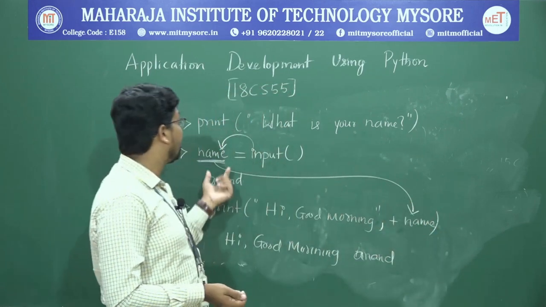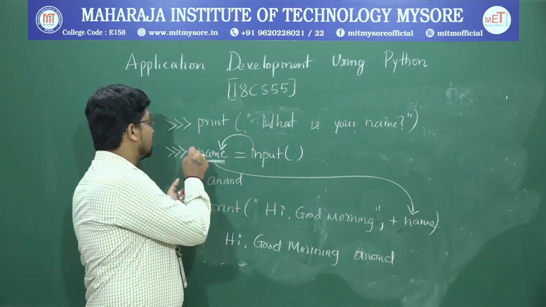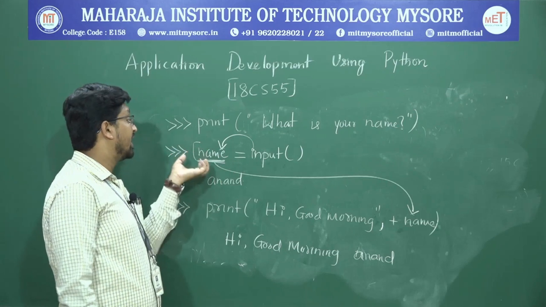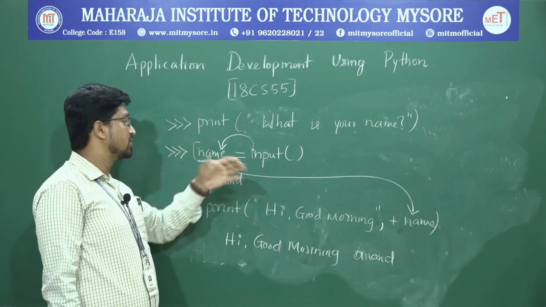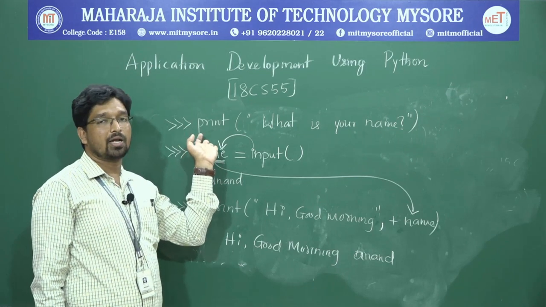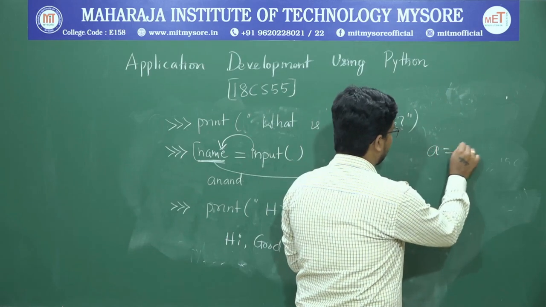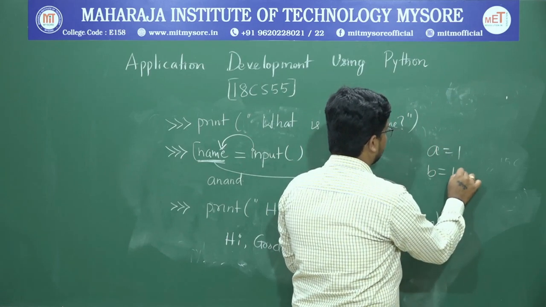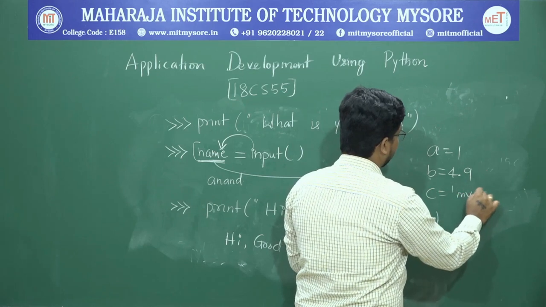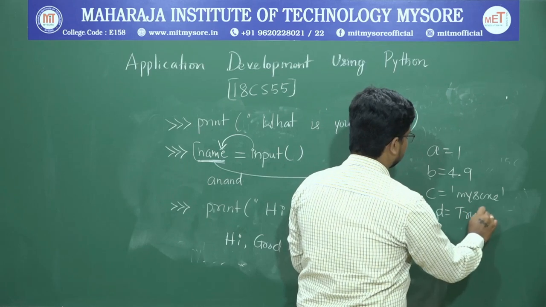But here the beauty of Python is, whenever the user enters the input, they will not mention what kind of data they are entering, or what kind of data you are storing into a variable. Based on what kind of data you store, the Python interpreter will decide. Let us take one more example. Let us say A is equal to 1, B is equal to 4.9, C is equal to Mysore, and D is equal to true.